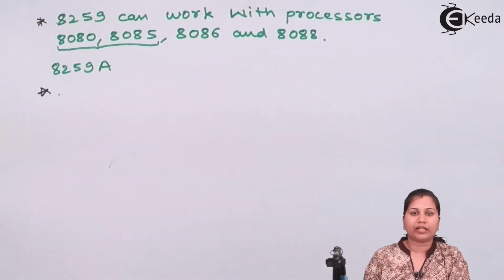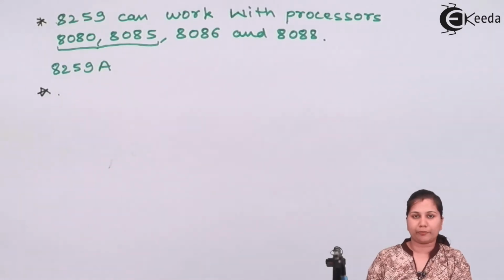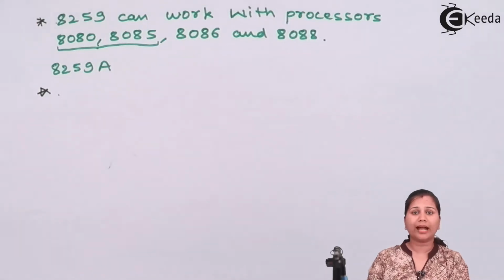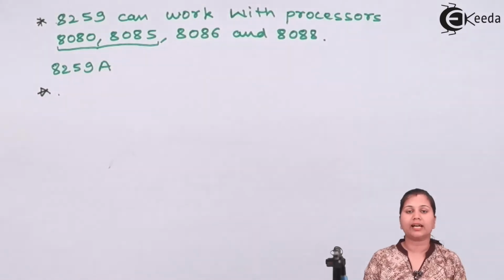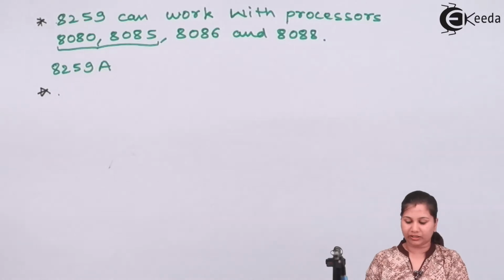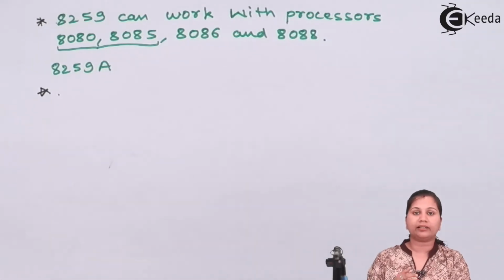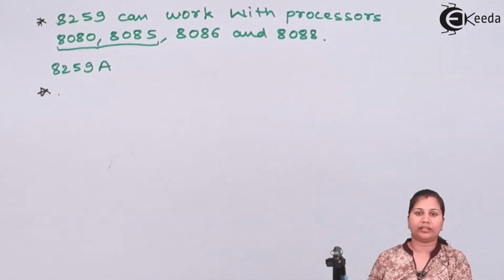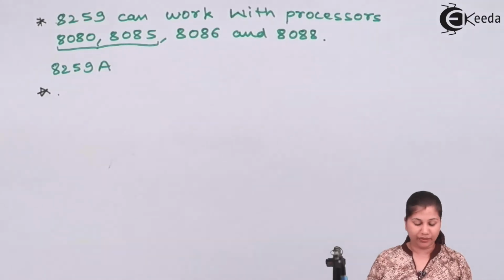The next feature of 8259 is related to the vector addresses in 8085 microprocessors. That is the problem we discussed: when we have the INTR line, the interrupt vector address is not available.